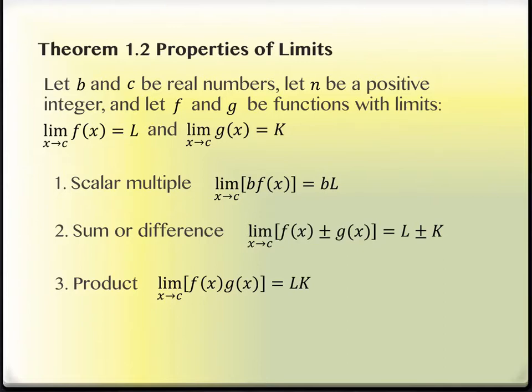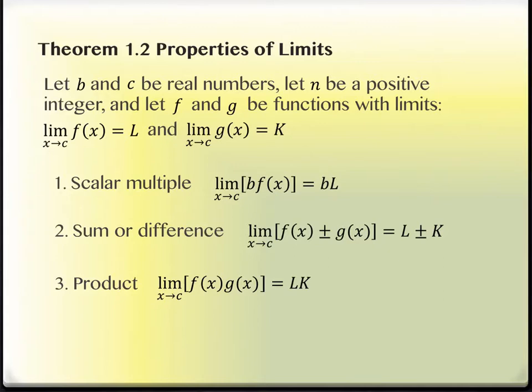So the first one's a scalar multiple. It says what happens when we have a constant multiplied by our function f of x. Well, in a very real sense, the constant just gets multiplied by the limit. It's what you would hope would happen. The second one talks about what happens if you add these functions together. If f of x and g of x get added together or subtracted from one another, then their limits just do the same thing.